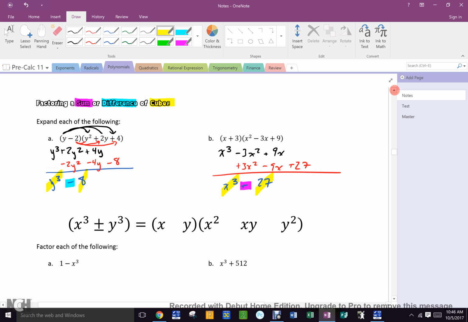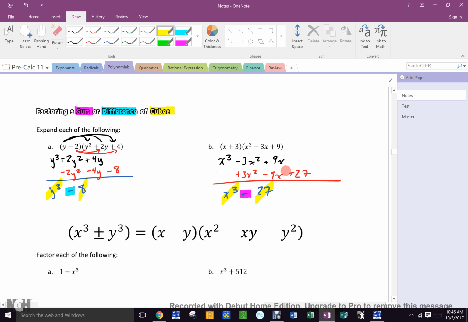Now you guys, this should tell you something, right? Because if it happens once in math, how often does it happen? Every time. So this one was a difference of cubes, yes? And you will notice that y cubed has a cube root of y, yes? And 8 has a cube root of 2, yes?